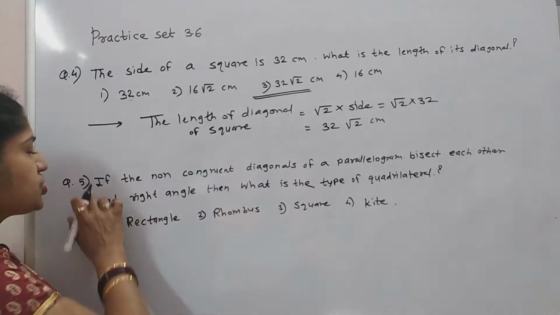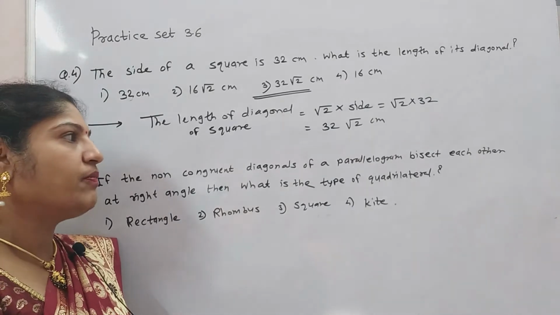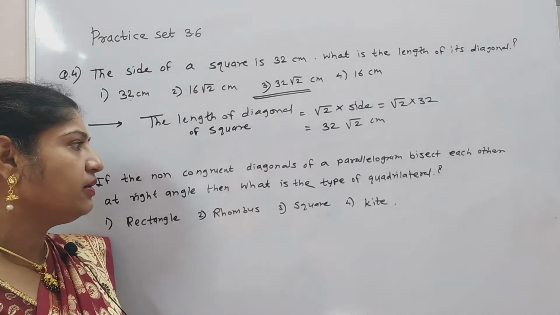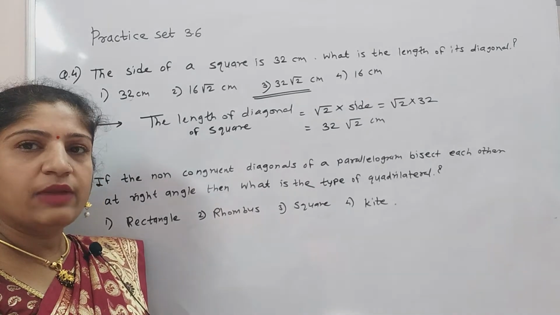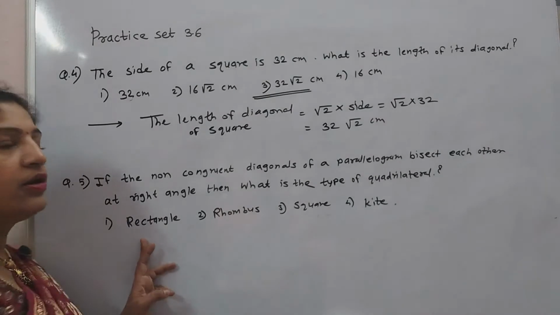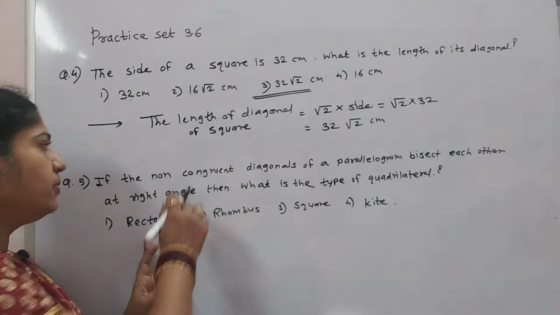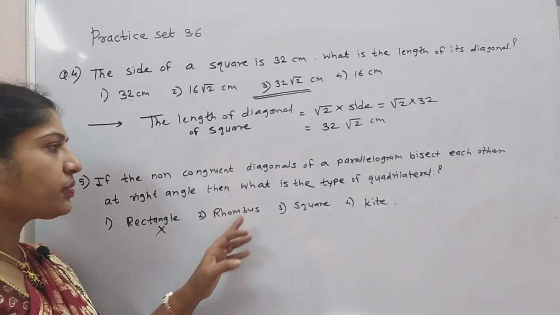Next is question number 5. If the non-congruent diagonals of a parallelogram bisect each other at right angles, then what is the type of quadrilateral? We have learned all the types of quadrilaterals and their properties. In a rectangle, both diagonals are congruent, but here it is written non-congruent, so this option is wrong.